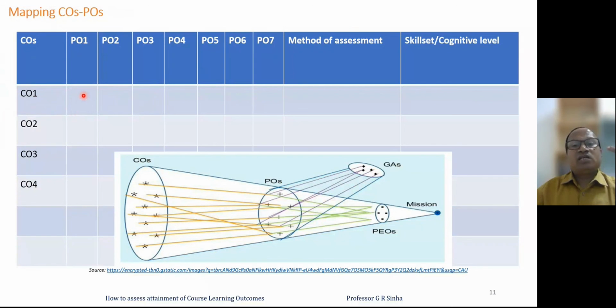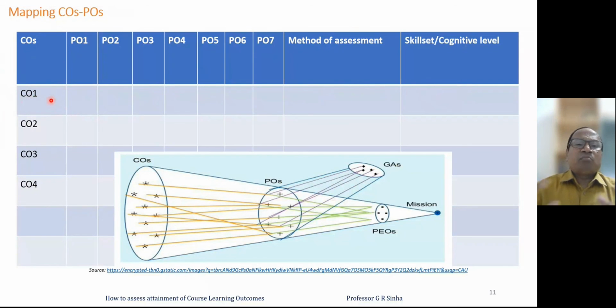How much? Whether it is 1 by 5 or 2 by 5 or 3 by 5. What method of assessment was used to evaluate this course outcome? What were the skill set on the cognitive level, the critical thinking, the learning abilities, self-learning, understanding, comprehension. What was the specific ability associated that you wanted to observe in the student while assessing the course outcome?